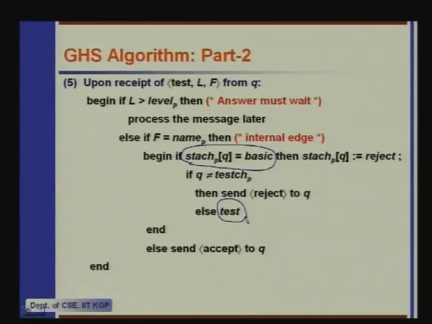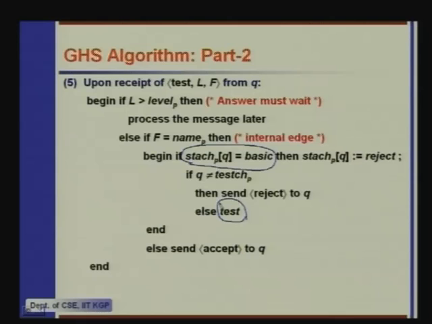In a distributed algorithm, everything is initiated by the receipt of a message. When a node discovers that its previous test has failed, that edge has been marked as reject, it must again resume its test because there are other neighbors.